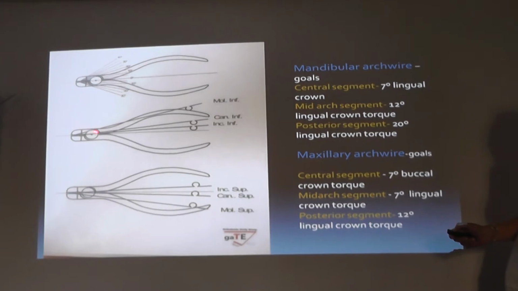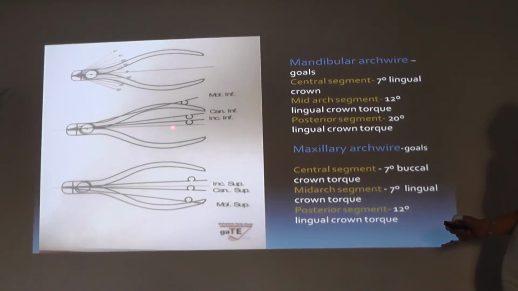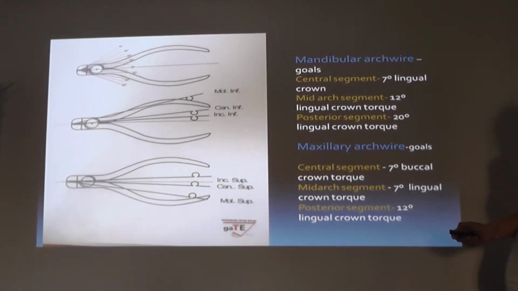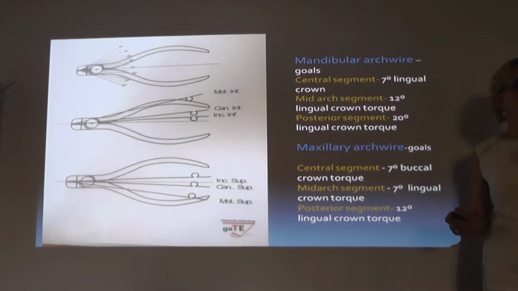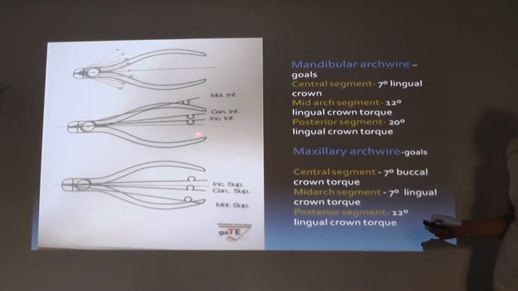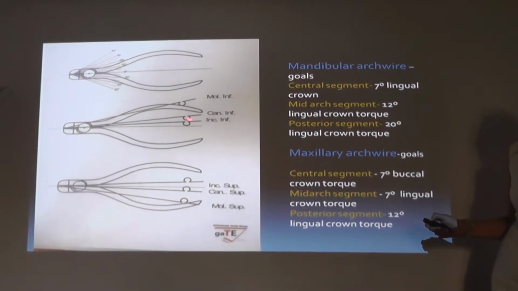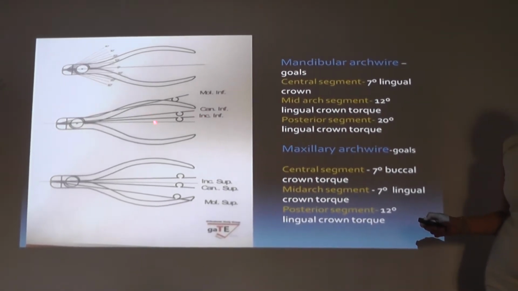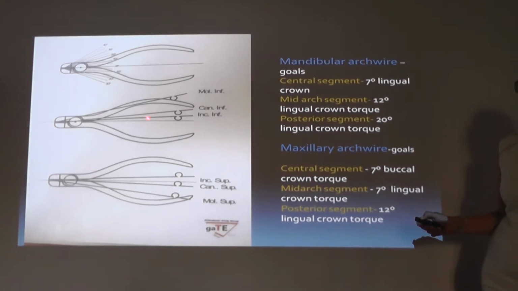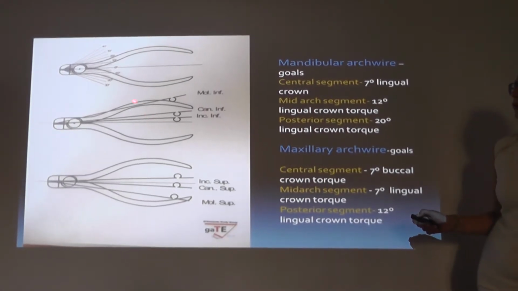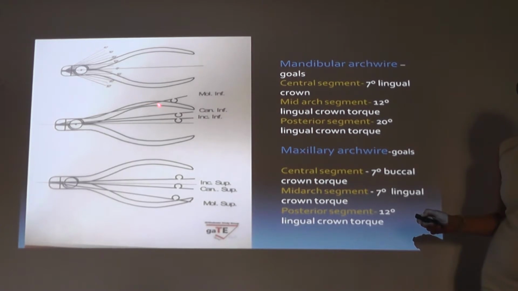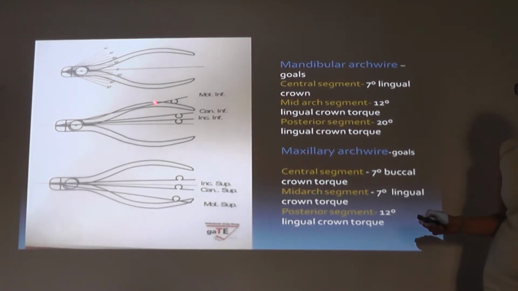For 7 degrees of lingual crown torque, the distal ends of the wire have to be 5 millimeters over the line in the middle of the plier. For canine torque, lingual crown torque, the wire has to be 9 millimeters over the line, and for molar it has to be 15 millimeters over the line.